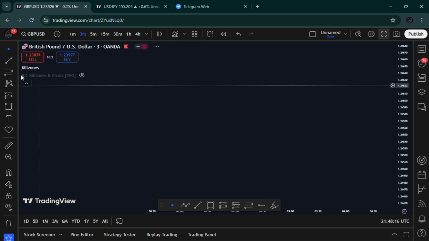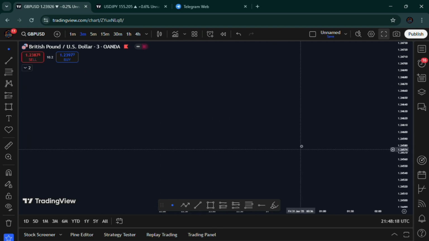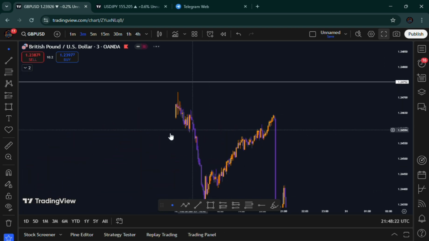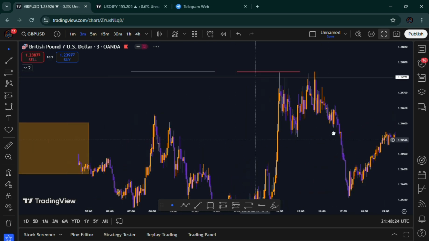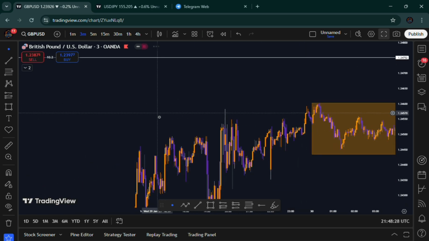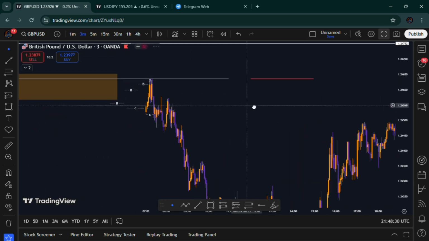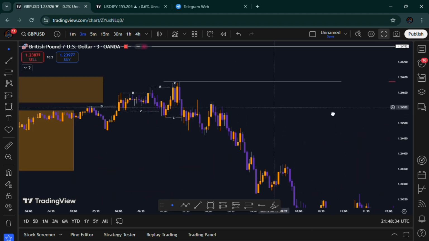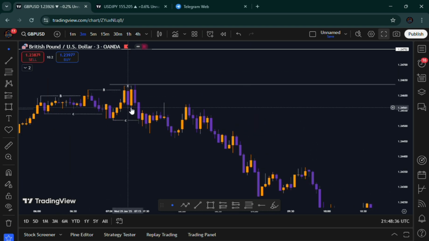What I was actually looking for was a very good potential supply level I can place my sell order from. While I was here on the 3 minutes, all I saw was this good level of supply.